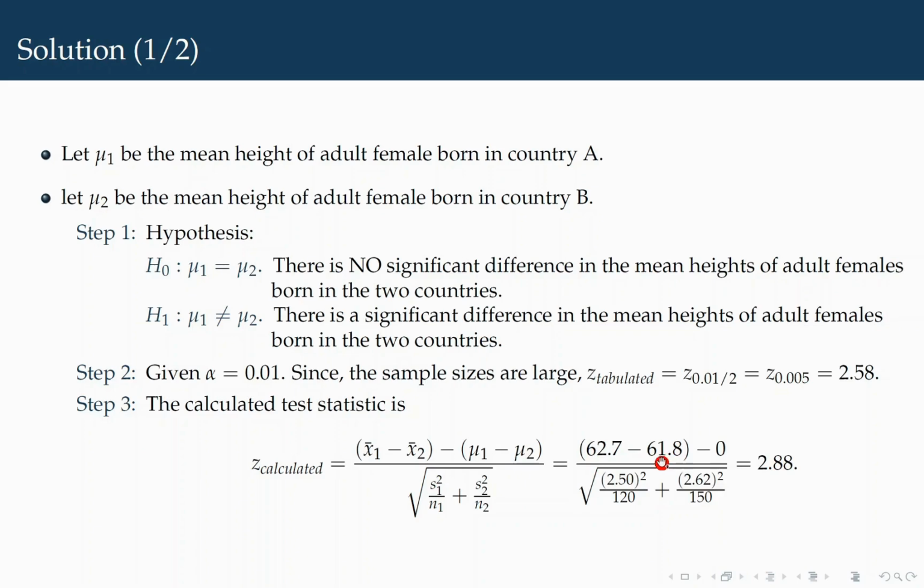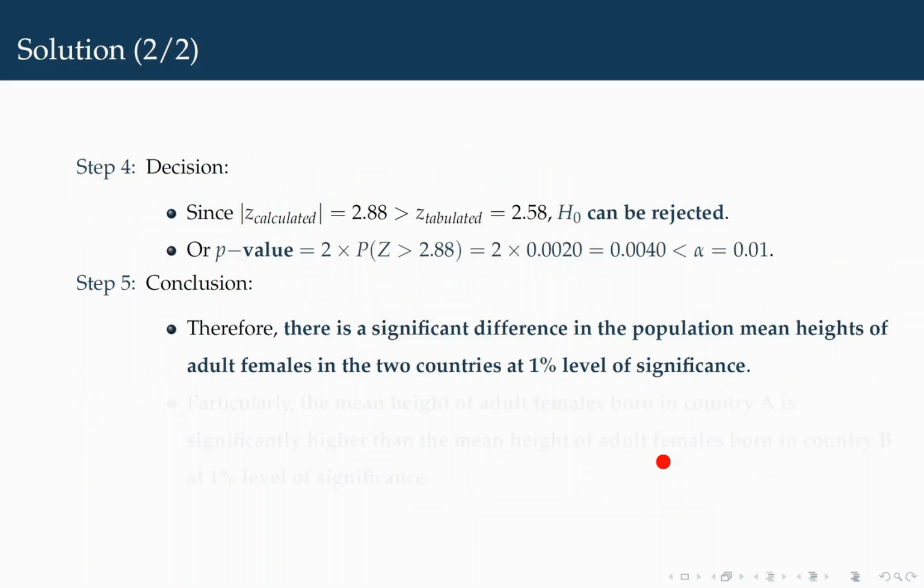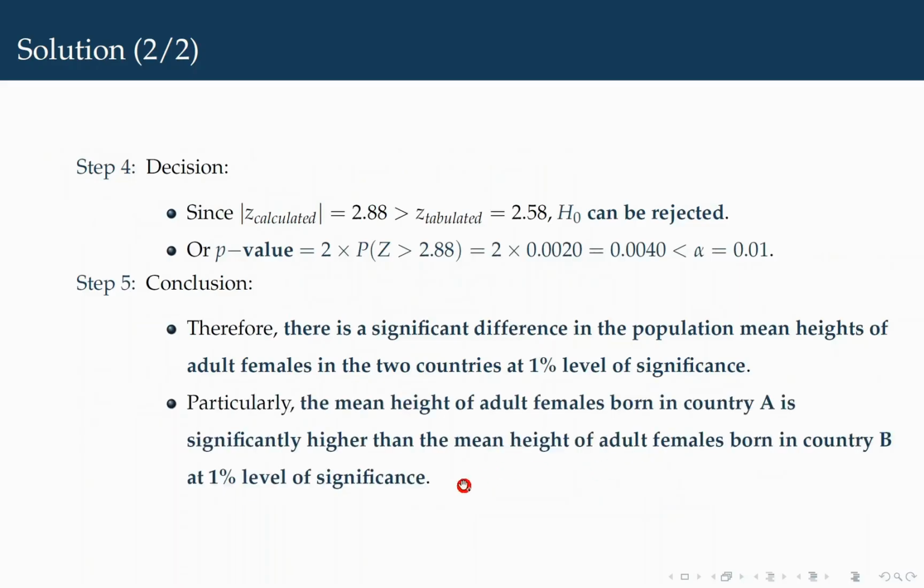That means since the test is significant, the mean height of adult females born in country A is significantly larger than that of country B. So we can conclude that the mean height of adult females born in country A is significantly higher than the mean height of adult females born in country B at 1% level of significance.